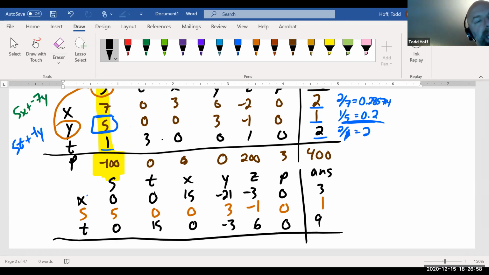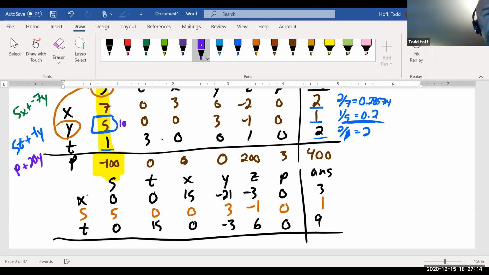To zero out column P, well, P is a negative 100. So I'm just going to do P plus, to match it up with a 5, I'd multiply times 20. So 20 times row Y. So row P is actually going to stay as it is. I'm going to multiply row Y by 20.